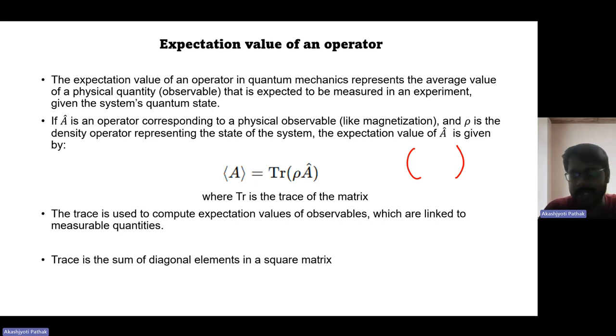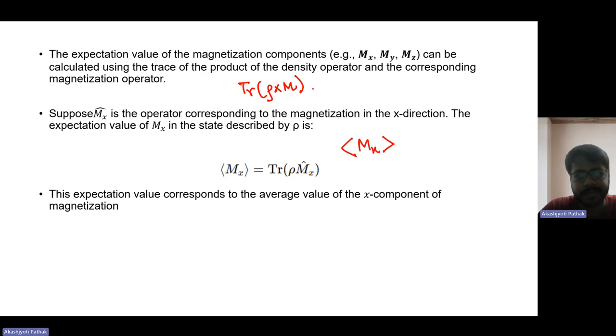It is given by the trace of the product of the density operator matrix and this operator A. If we calculate the trace of the matrix we get, that gives us the expectation value of the physical observable that we are measuring. The trace is basically the sum of the diagonal elements.